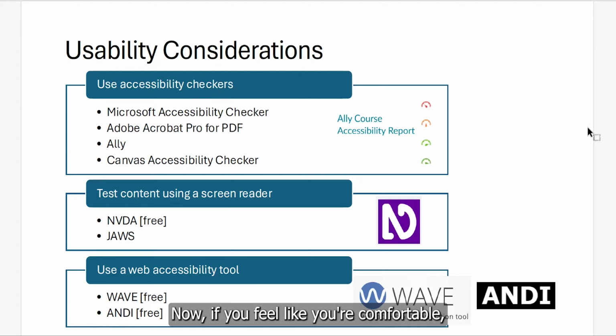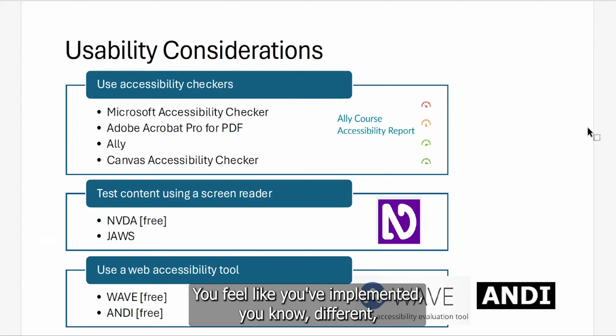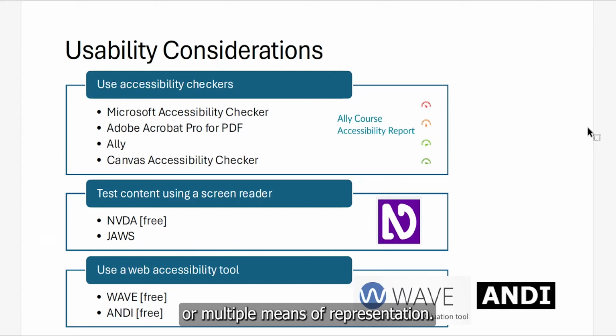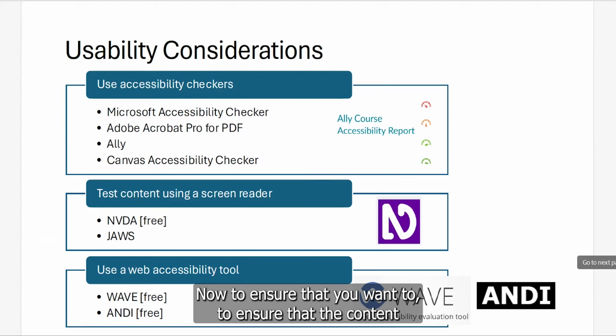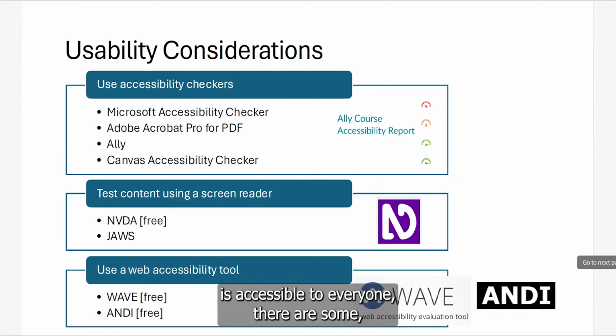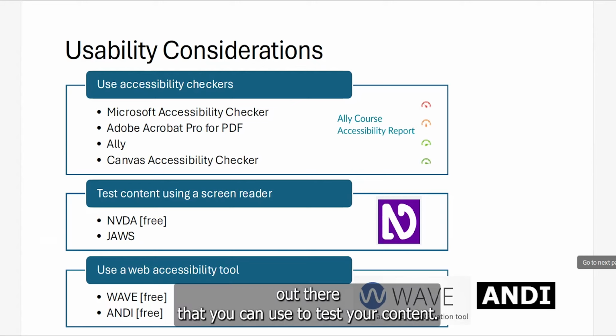Now, if you feel comfortable, you have a really good learning environment, you feel like you've implemented multiple means of representation, and you feel like you more or less have all of the WCAG stuff ready and it looks good, then to ensure that the content is accessible to everyone, there are some usability programs out there that you can use to test your content.